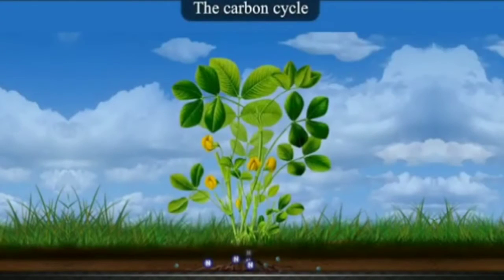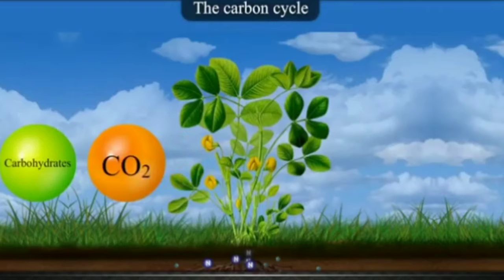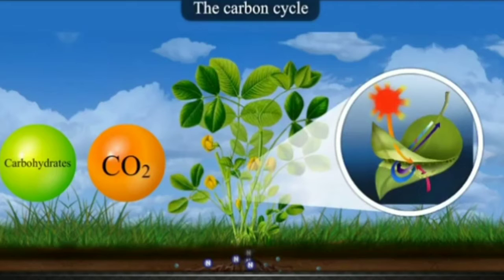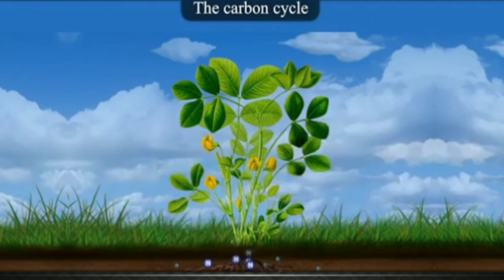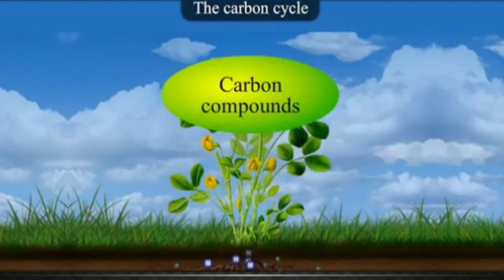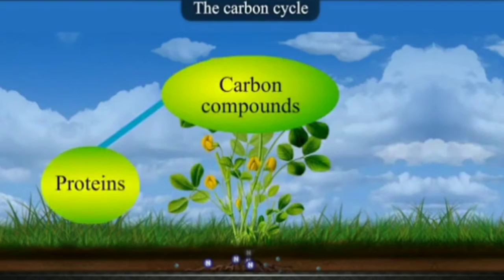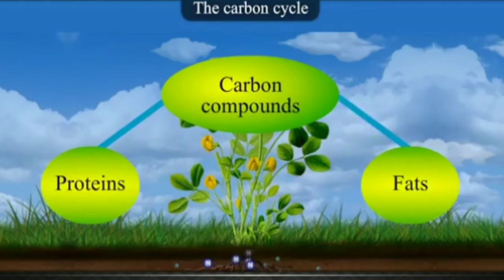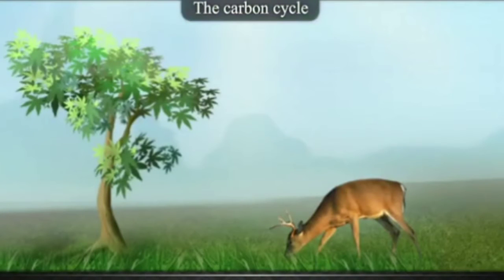Good. Plants convert carbon dioxide into carbohydrates by the process of photosynthesis, isn't it? Similarly, they produce carbon compounds like proteins and fats too. Herbivores feed upon plants.